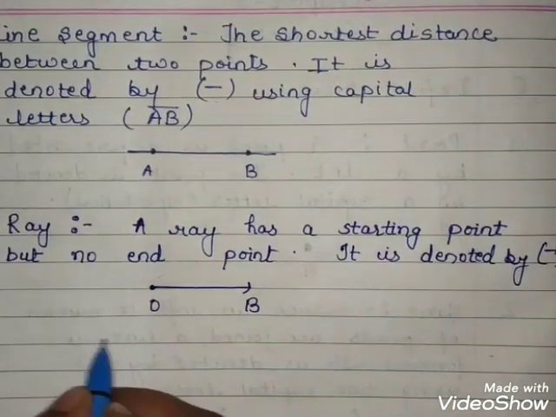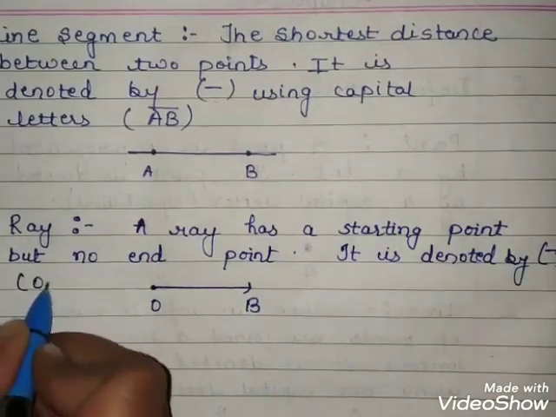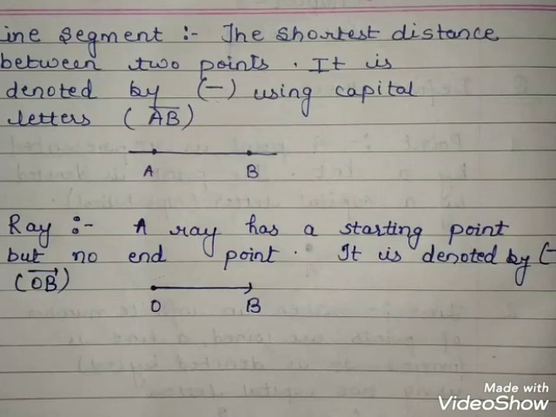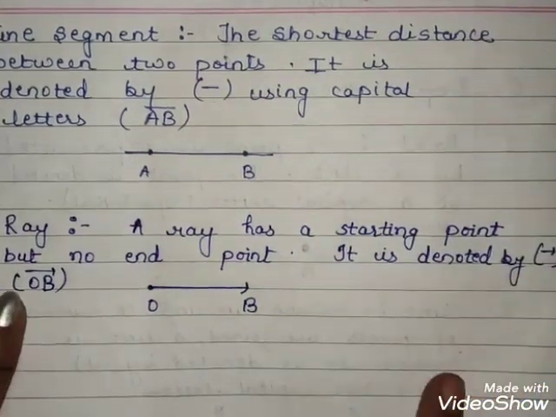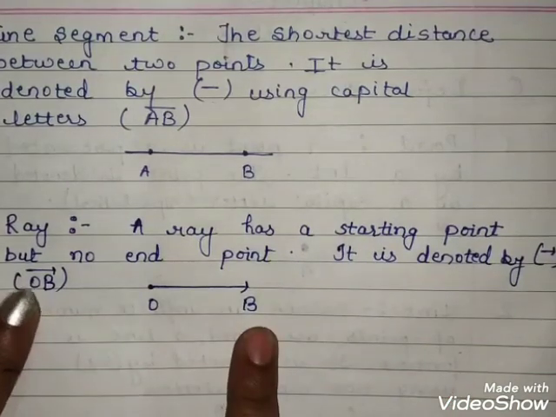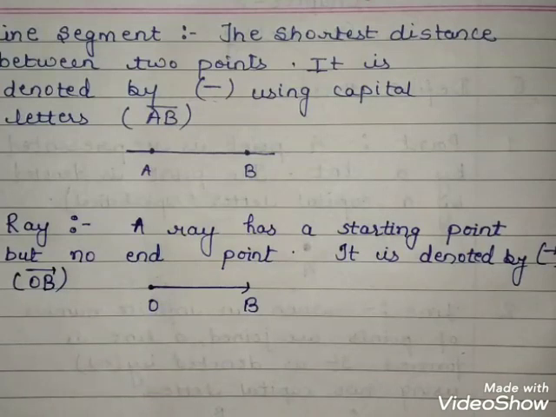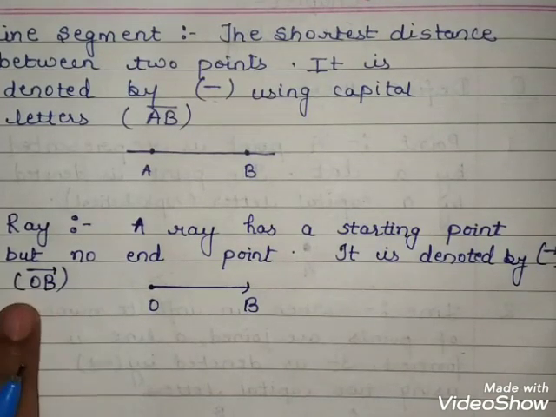So here the symbol is OB like this, right? You have to write the symbol like this, and then you have to give the name to this ray, and then you have to put the arrow like this. It means this is the symbol, and this is the name of the ray.